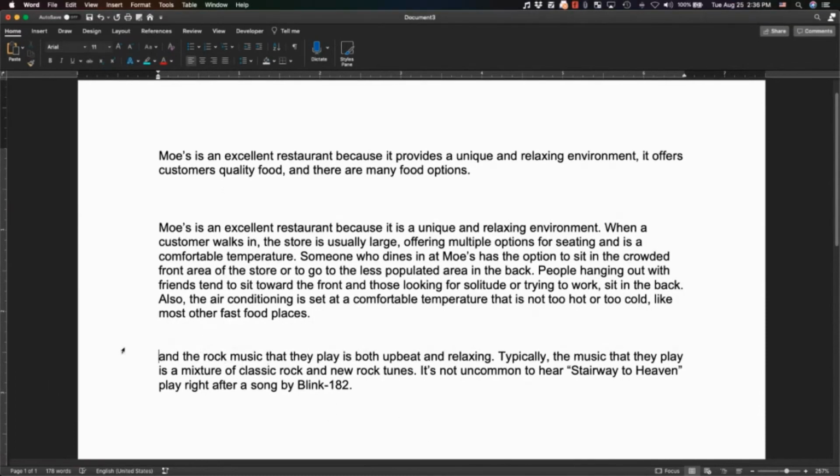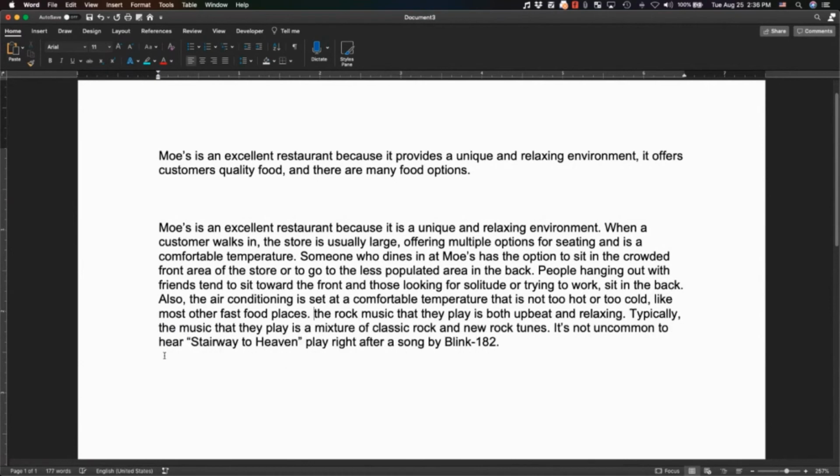So let's take out this "and," right? And we need to tie it in, because remember, this is going to go right here, and we can't just jump from talking about, oh my goodness, it's too hot, it's too cold, let's talk about the music, right? We need something to segue in. So "furthermore" could work, right?